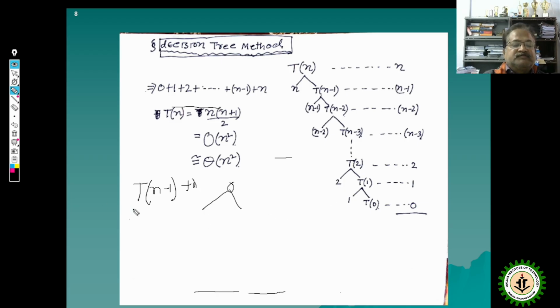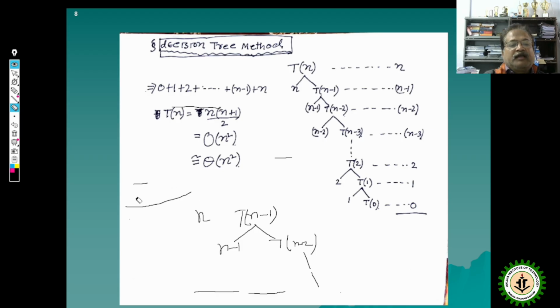Now if I do this one, T(n minus 1), two part, I can put n, and here it is T(n). So T(n) is equal to T(n minus 1) plus n. Similarly, if I again do the decision tree, this will be n minus 1 and here it will be T(n minus 2). Similarly, we can move on and calculate.